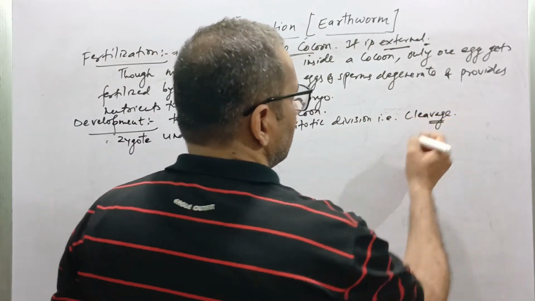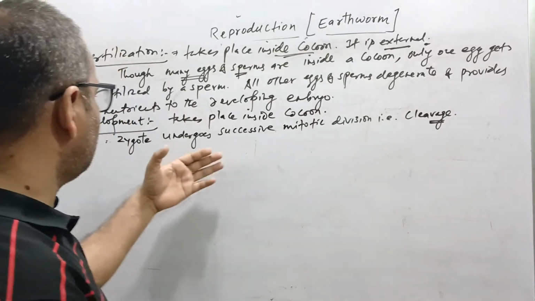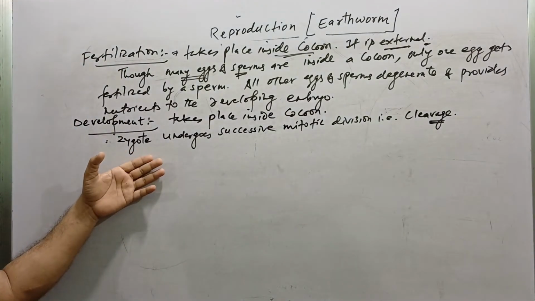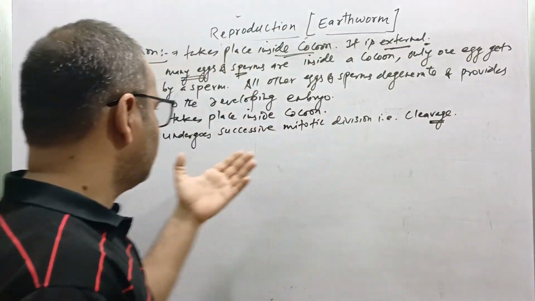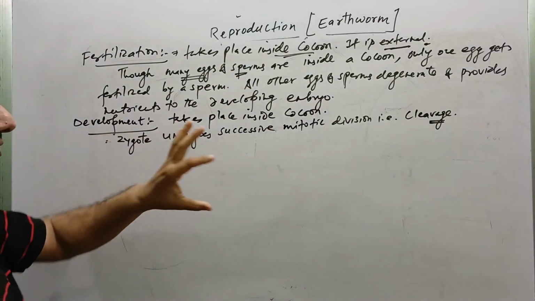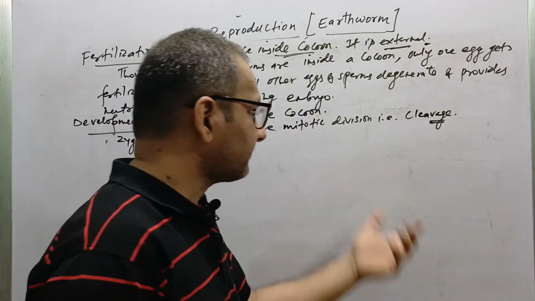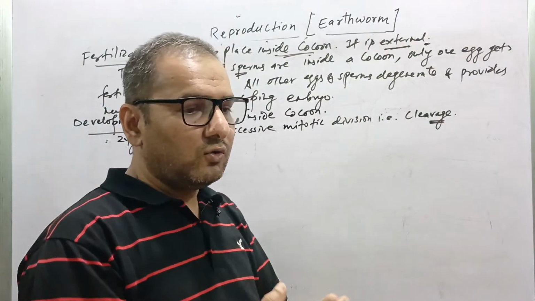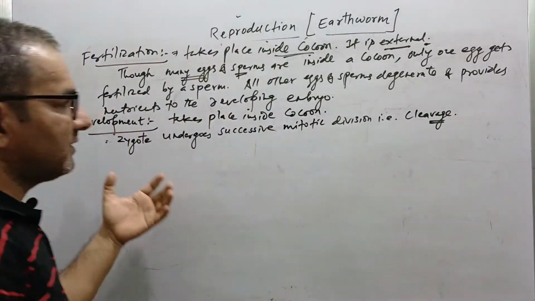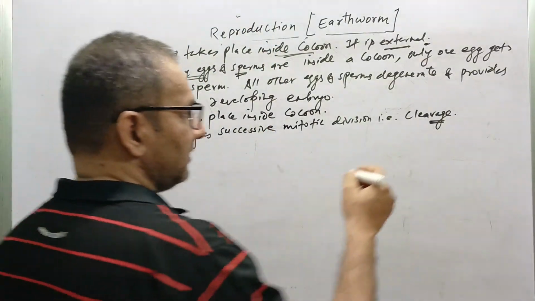So what is cleavage? Cleavage is the repeated or successive mitotic division of the zygote, and by cleavage the zygote divides and redivides to form many cells, and after about the 64 celled stage, a hollow embryo is formed, and that hollow embryo is called blastula.